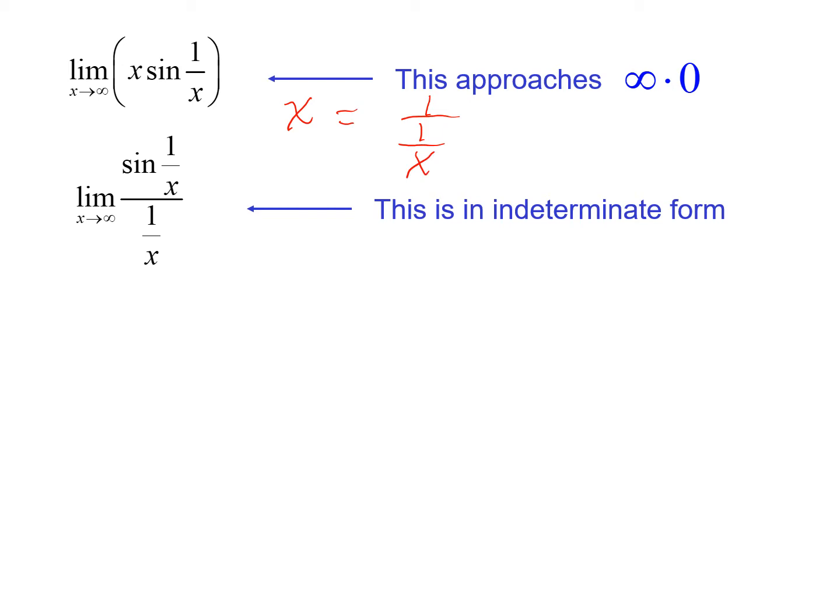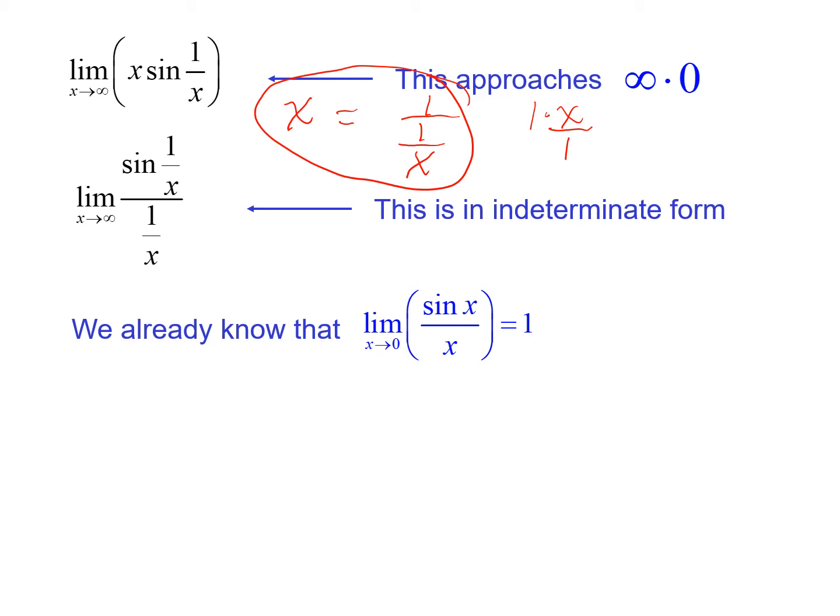When we evaluate this, we would divide by the reciprocal, which would be 1 over x, and then we get the same thing. So this is something that you need to recognize and be able to do quickly. And once we do that, now we have sine of 0 over 0, which is 0 over 0, and that's an indeterminate form.